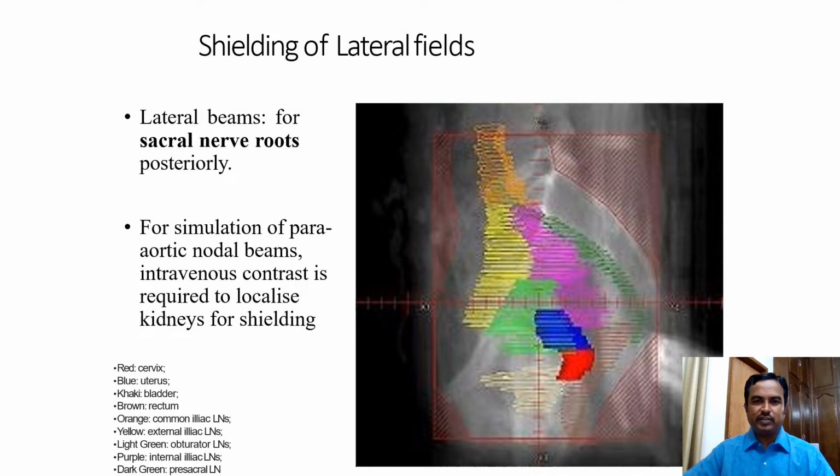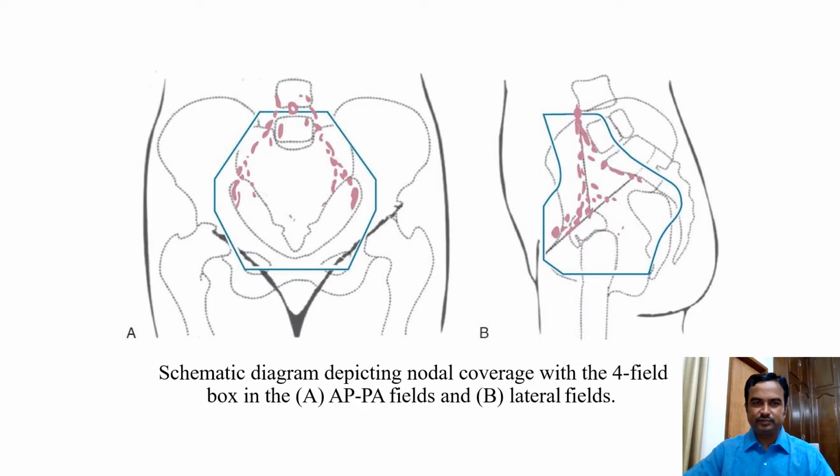This slide shows the shielding method used in case of lateral fields. And then this slide shows how the shielded field covers the nodal areas in case of anterior as well as lateral fields.